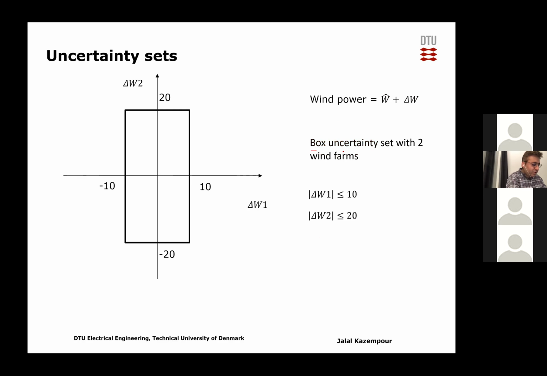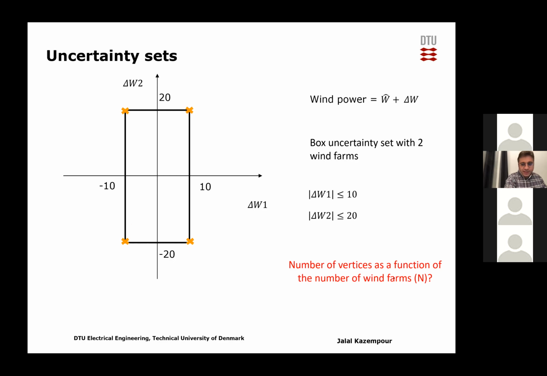Our worst case realization always happens at vertices. In this simple example, we have 4 vertices that we have to check to find which one is the worst case realization.